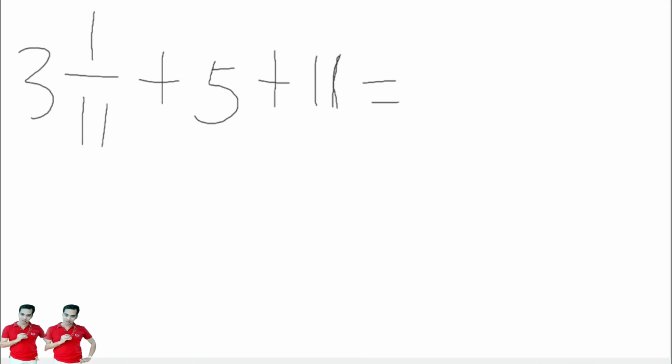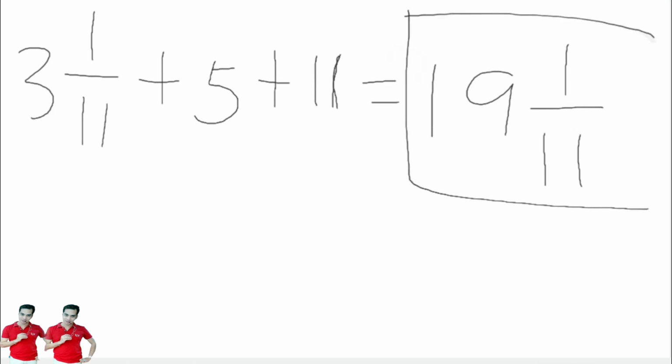So your answer is, very good, 19. Then, after we add the whole number, we are going to copy only the fraction. The fraction is 1 over 11. So your answer is 19 and 1/11.